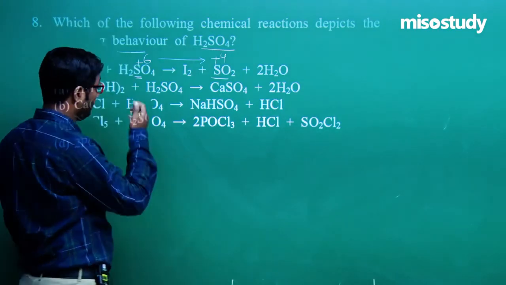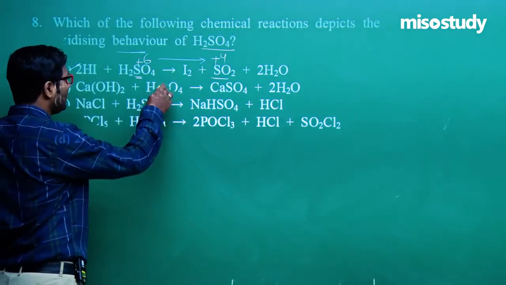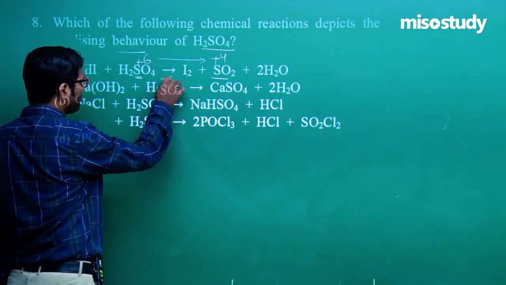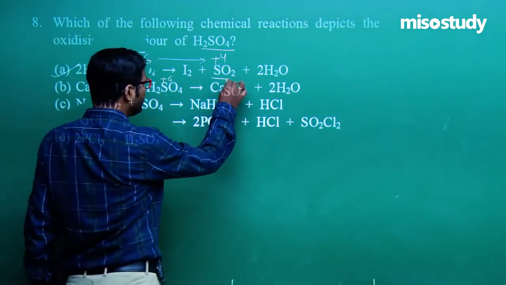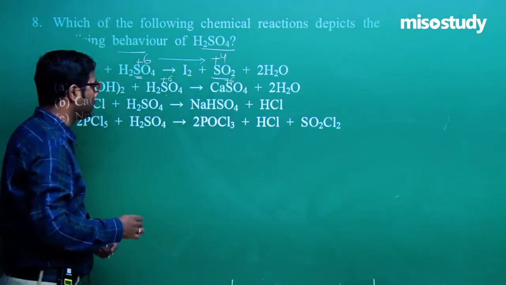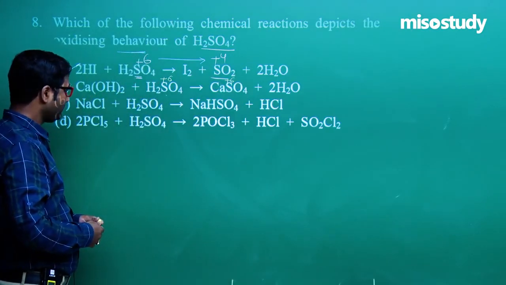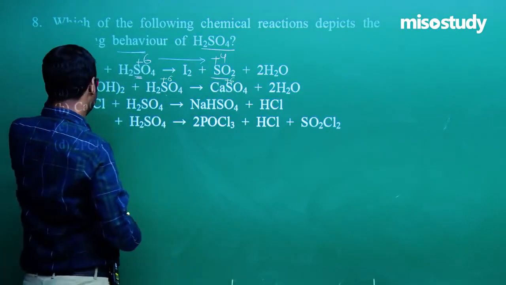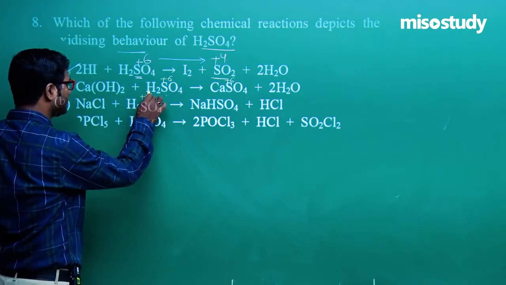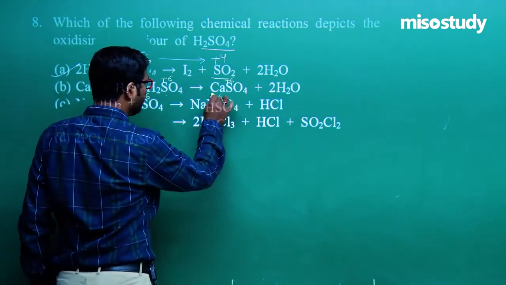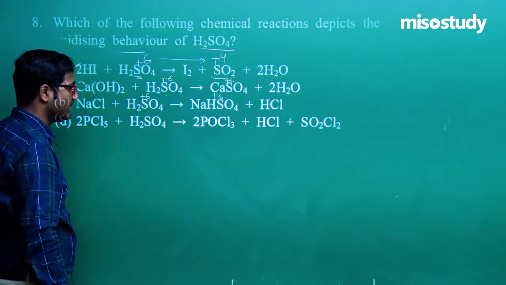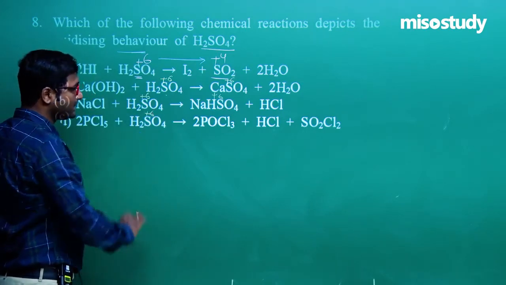Is there any possibility? Here sulfur is in +6 oxidation state. Here sulfur is also in +6 oxidation state. No change. Now if I talk about the next one, here sulfur is in +6 oxidation state and here also sulfur is in +6 oxidation state. In the last option as well, sulfur is in +6 oxidation state.